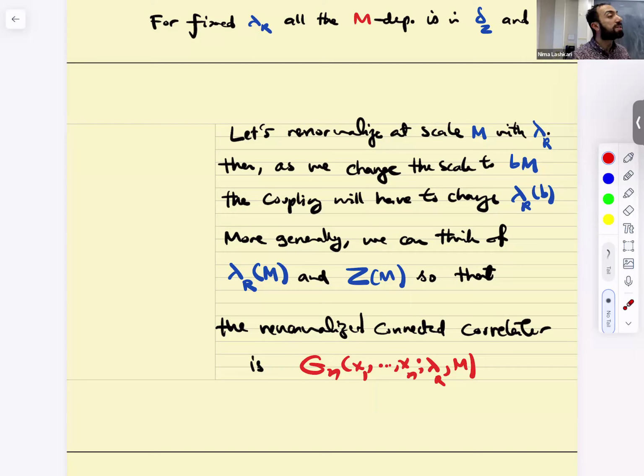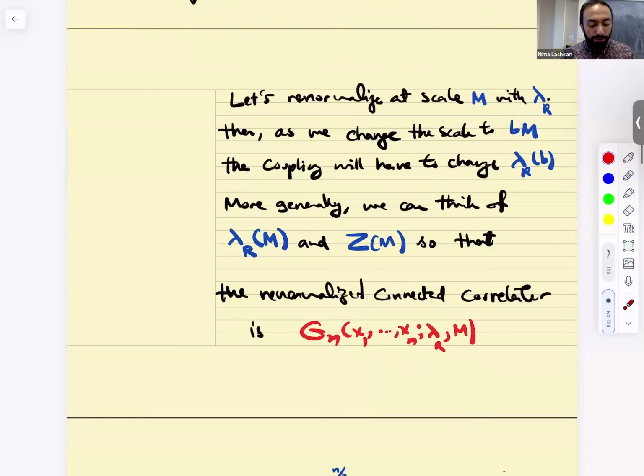Your lambda of r becomes lambda of r of b. Good. So I can now talk about b del b, or the way I was doing it before, I can just talk about m del m. This is the whole origin of it. So I can think of lambda of r of m, renormalizing at scale m.